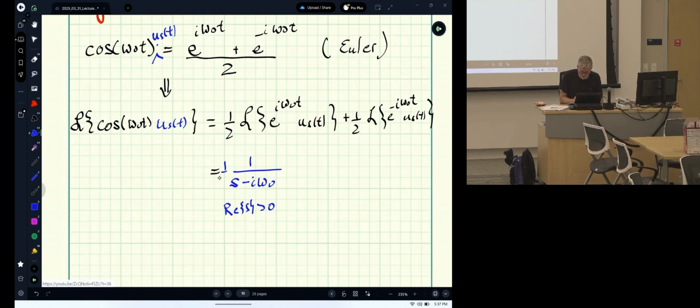Whoops, I left out my half. Plus a half. And this Laplace transform is 1 over s minus a, so that becomes s plus i omega naught. And it has the same region of convergence. So we can just add these two things up.